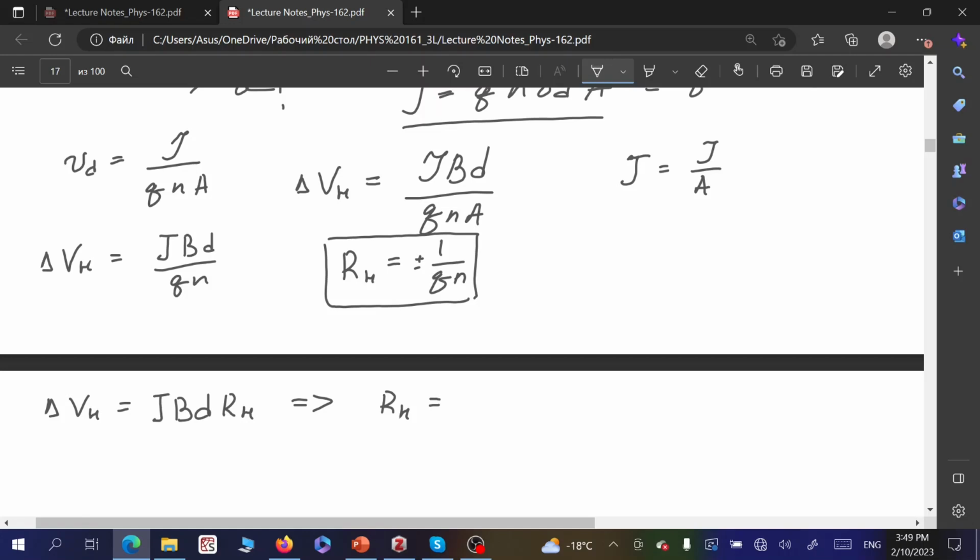And that will be plus minus, actually it should be in the numerator here, delta V_H divided by J times B times D. So that is the expression for the Hall coefficient. We know what is equal to this guy. So it's equal to 1 over Q N.